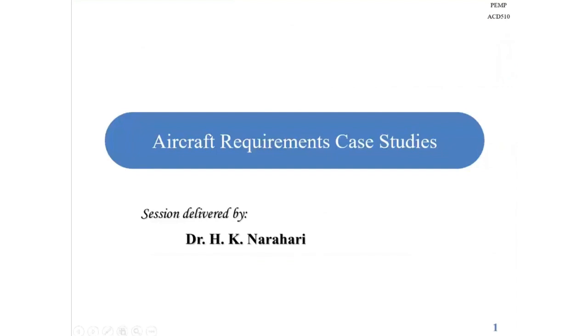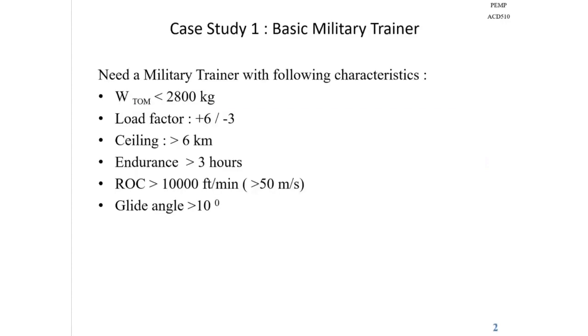These are requirements case studies, which you are going to work with your individual group. The first case study is a military trainer. This is an actual design requirement which had come to our notice when we were discussing with some companies related to HAL.